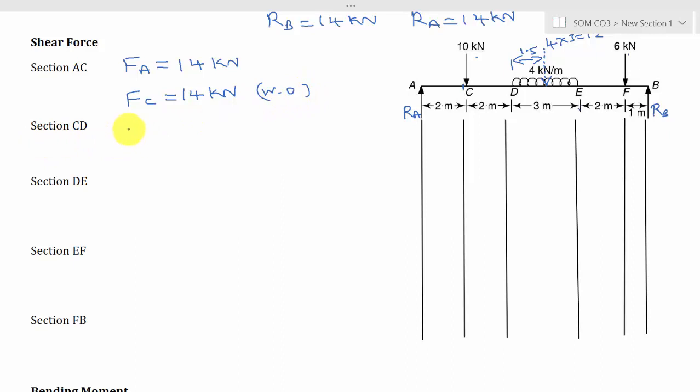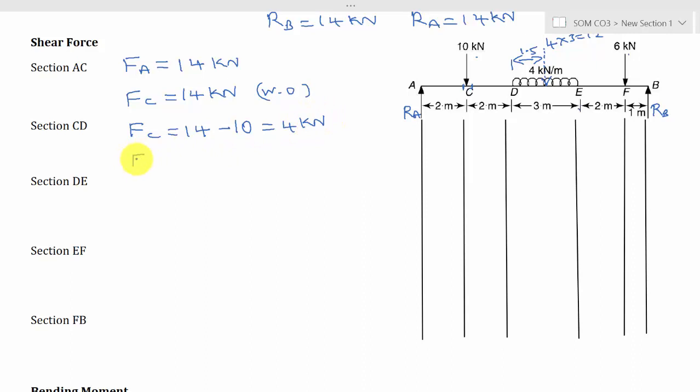Then consider section CD. Now we have FC, considering the point load, because this is just after the point load is applied. Already we have 14, then a point load is acting in the downward direction, so it is minus 10, that is equal to 4 kilonewton.